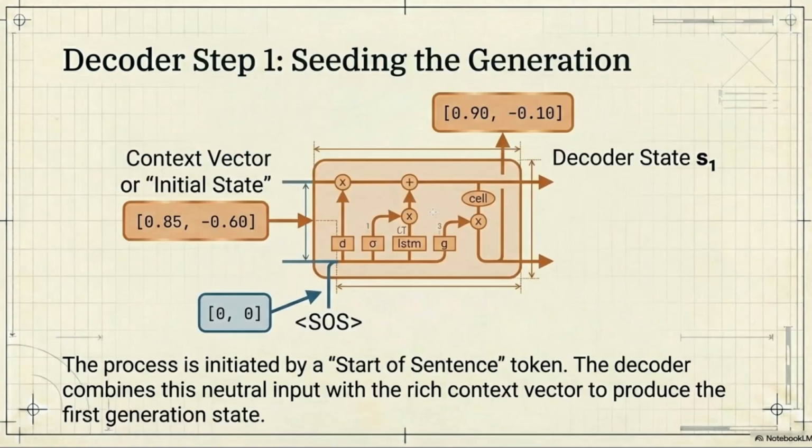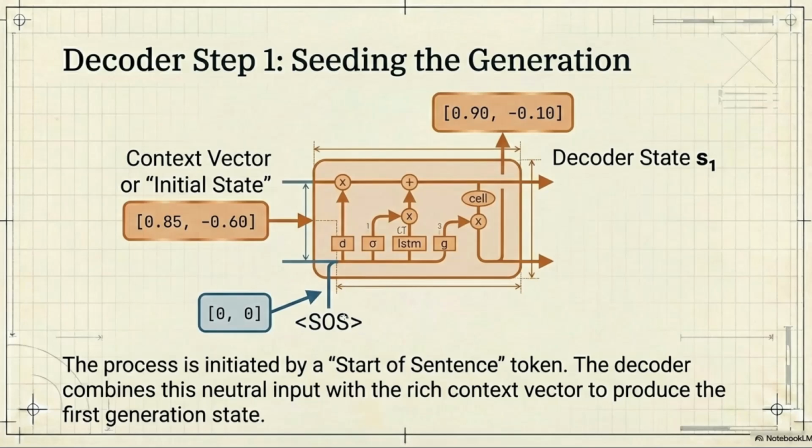So the first step of the decoder acts as a language model. It predicts the next word given the history. But at the first step, there is no history, so we feed the special token, SOS, or start of sentence.